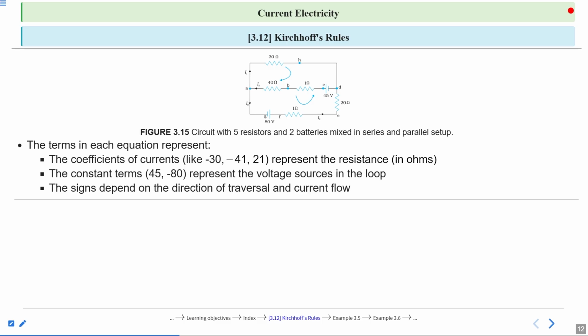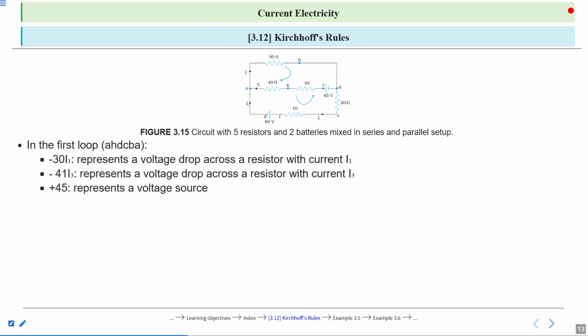So in the 45 volt battery, we were moving from D to C, from negative terminal to positive terminal. So we took positive 45 volt. In the 80 volt battery, we were moving from point E to F, from the positive terminal to the negative terminal, so 80 should be taken as minus 80 volt.